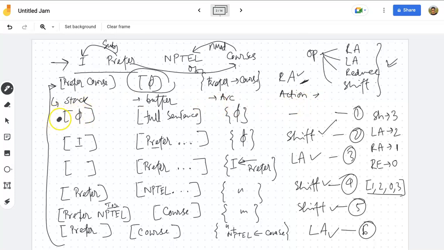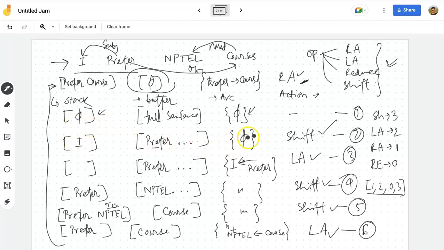At the beginning of this parsing, you don't have anything in your stack, so your stack is empty, and your buffer is the full sentence. I have just written it as a full sentence for convenience, but basically it's I prefer NPTEL courses. At the beginning there is no arc in your arc set, and the action is no action.